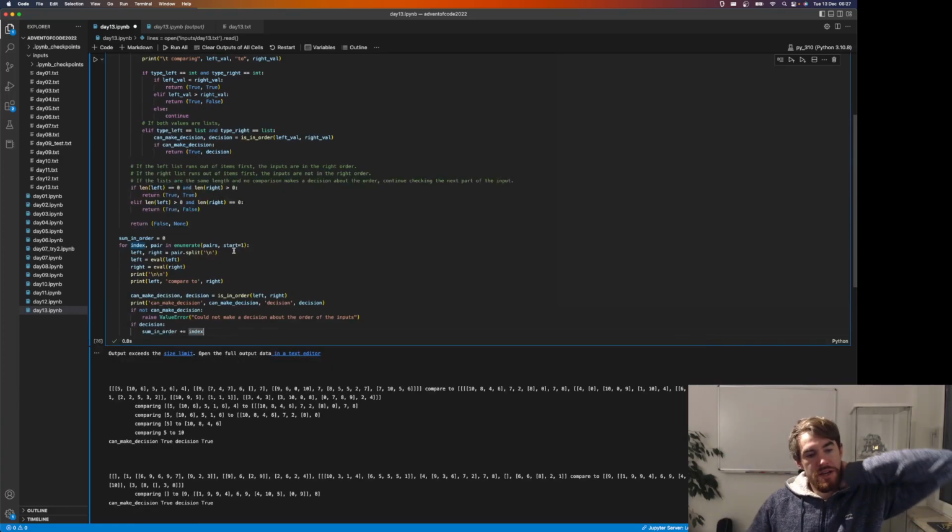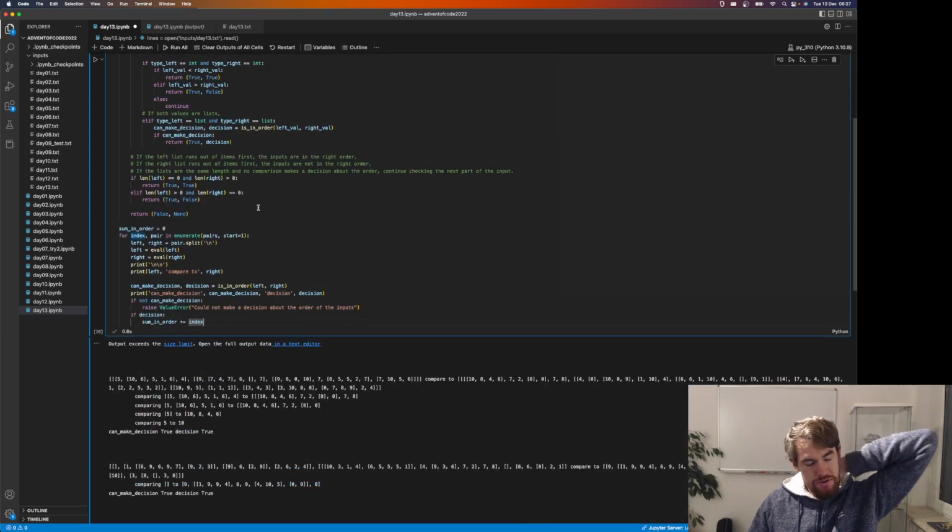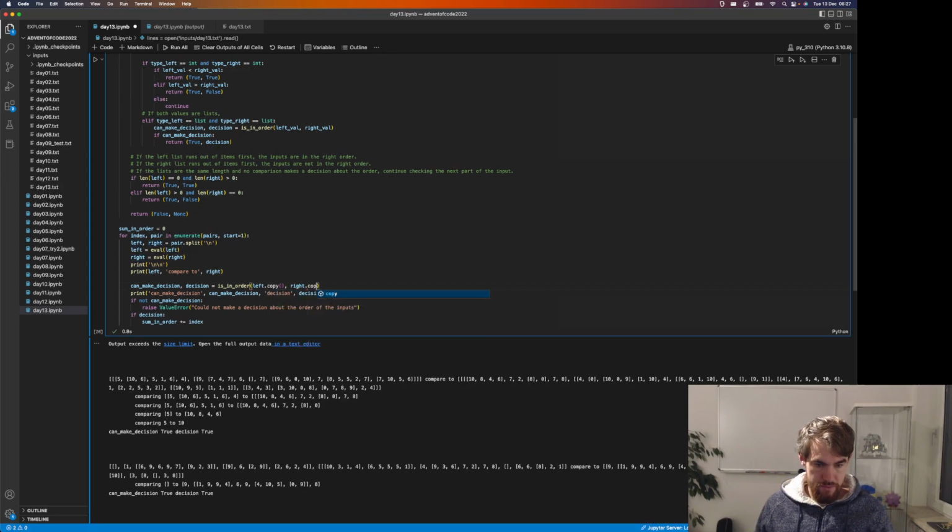But the only issue I have right now is that the isInOrder function destroys our inputs. But that's at least easy to solve.